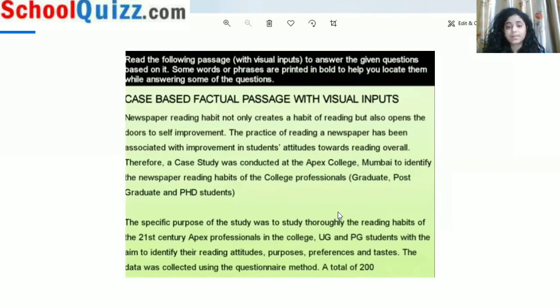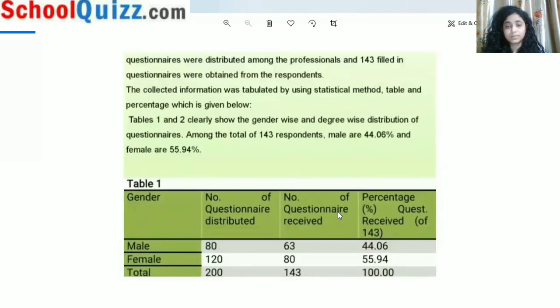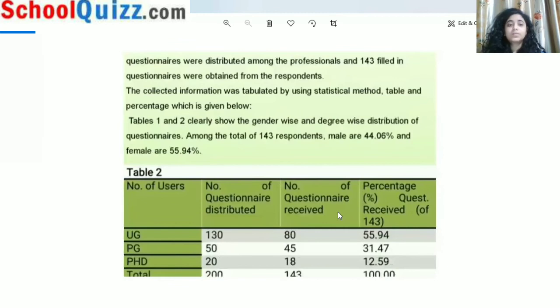You can take a screenshot if you want. Here only the table is changed, so you can take the screenshot of table 2, not the upper thing.